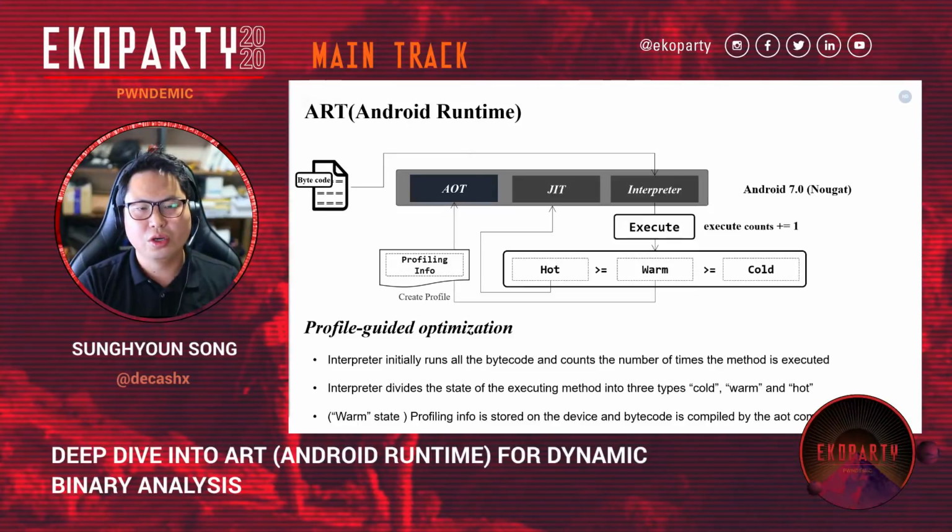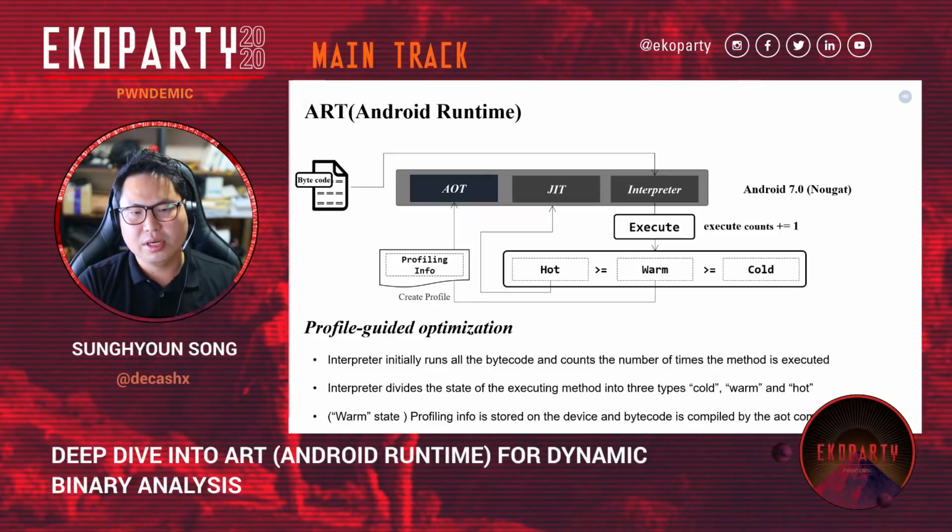When you don't use your phone or when you charge it, based on the profiling info, the profile service uses AOT to compile the bytecode into native code and store it. And once the state of the function reaches hot, the bytecode is compiled into native code by the just-in-time compiler and stored in memory as a cache.